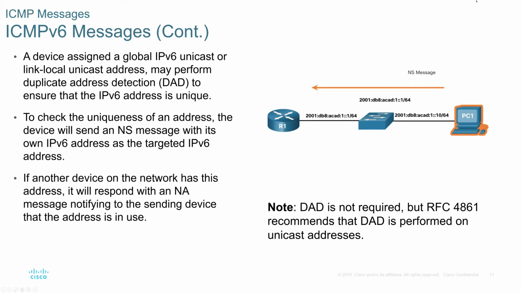The device assigned a global IPv6 unicast or link local unicast address may perform duplicate address detection, or DAD, to ensure that the IPv6 address is unique. In Cisco equipment, because the PC or the router will use a MAC address adapted to create the IPv6 address, DAD is not normally required.